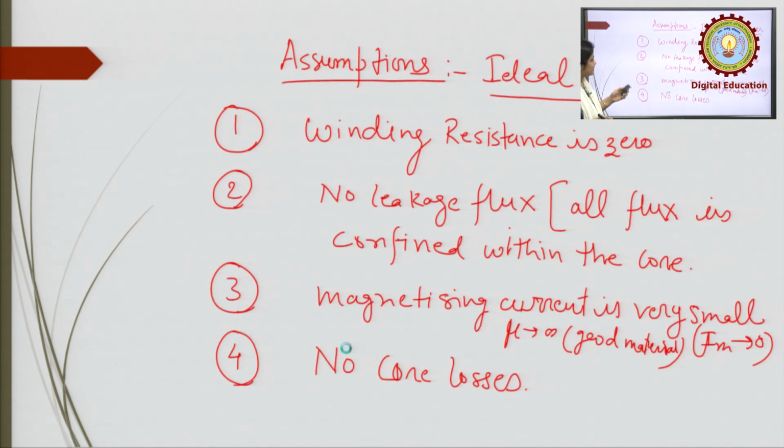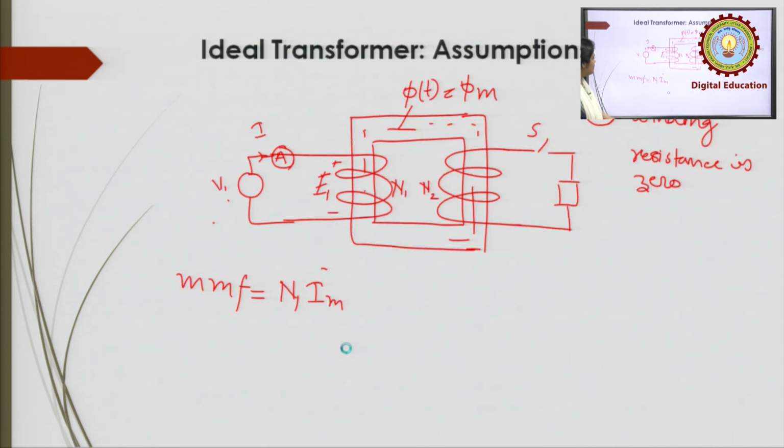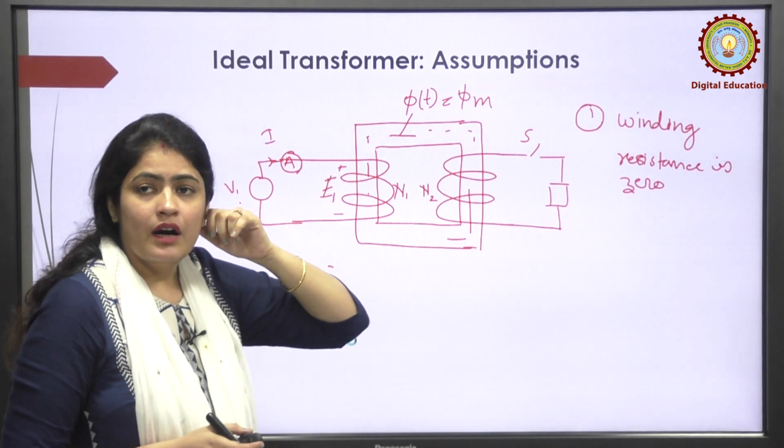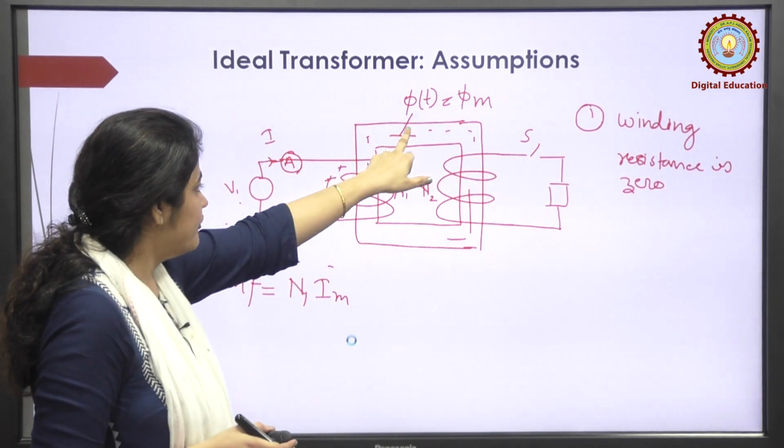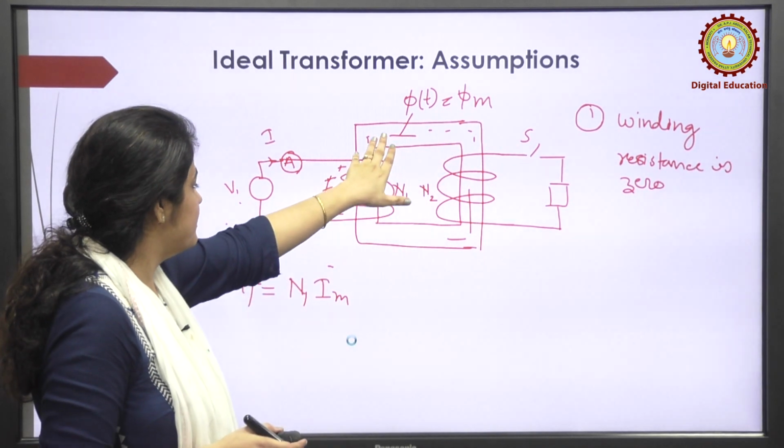So, how the transformer function takes place: when you apply the voltage here, a very small current will be set up, because you assume that it is ideal, because you have taken a very high permeability material. So, the requirement of flux setup is constant.